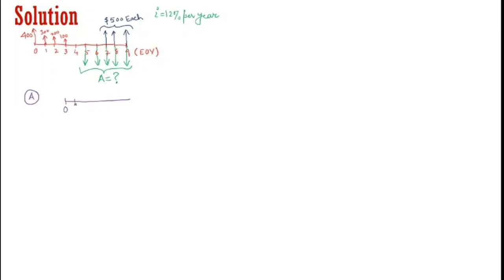So 0, 1, 2, 3, 4, 5, 6, 7, 8, and 9. So we have a series in which we are having a transaction of $400.